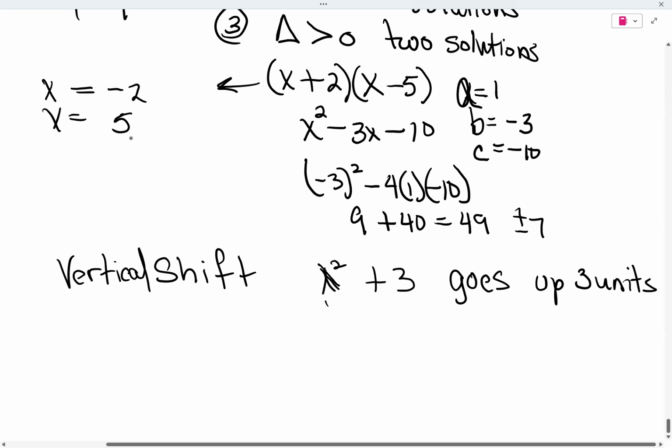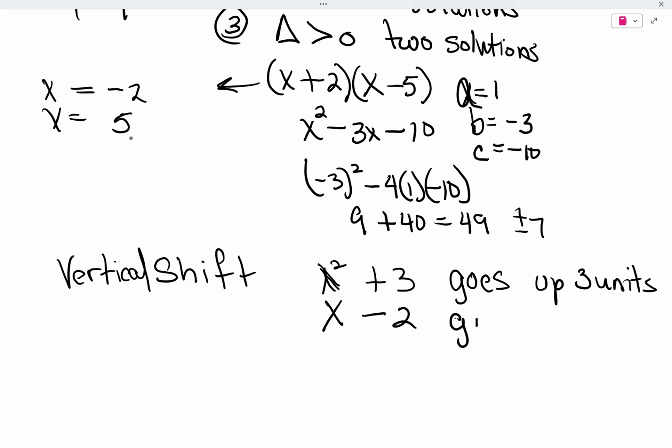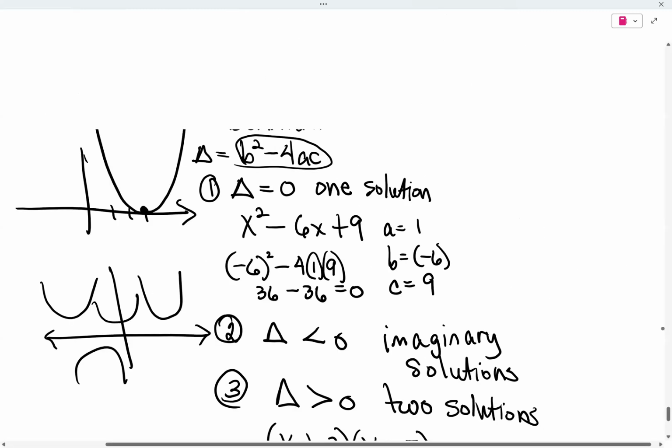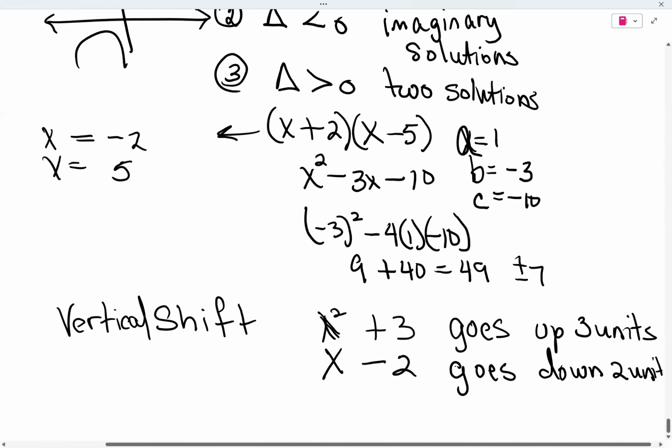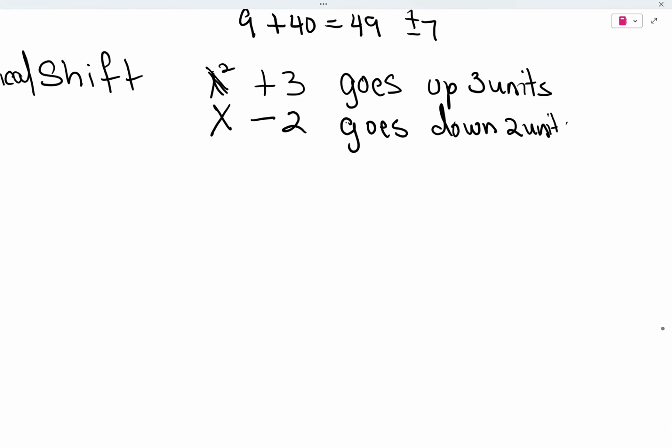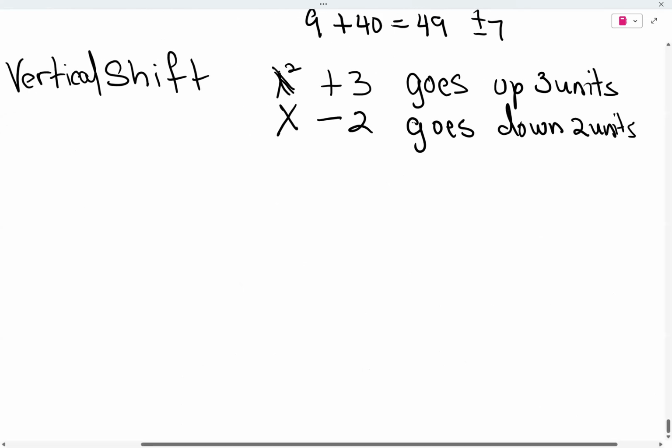We can have a vertical shift that goes down. So say I have x squared -2 as an example. We know that the shift goes down, in this case, 2 units. All right, so those are the vertical shifts.